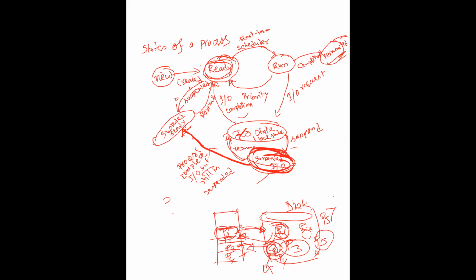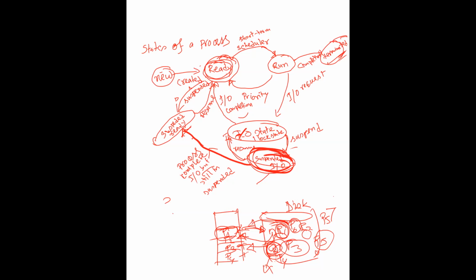If it is inside the disk, it is better for it to go back to suspended ready. So from suspended IO, it may go to suspended ready because it completed the IO. When it gets memory inside the RAM, it goes back to the ready state.